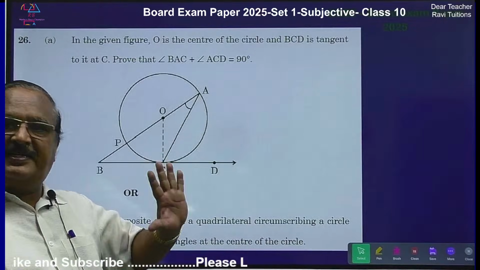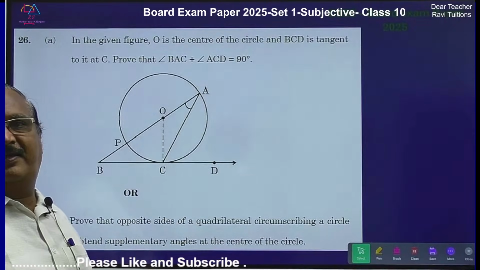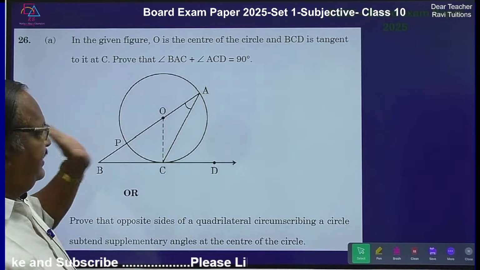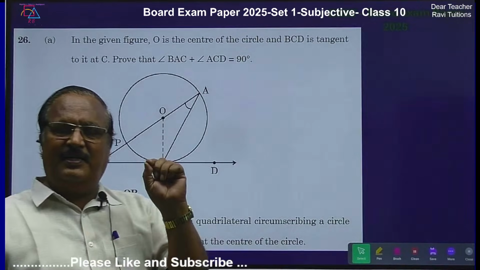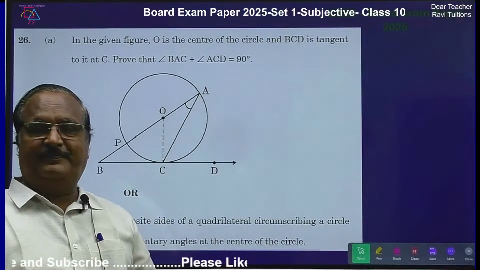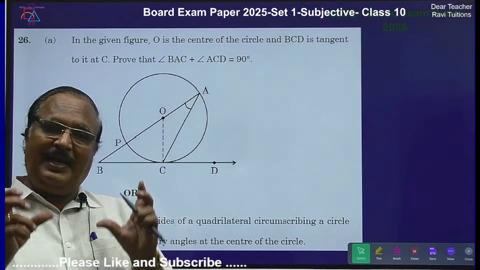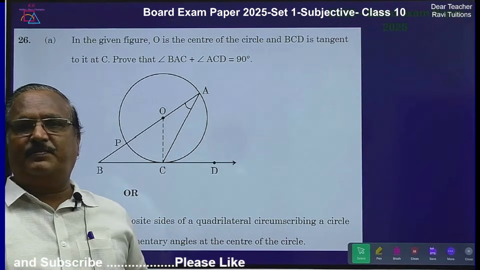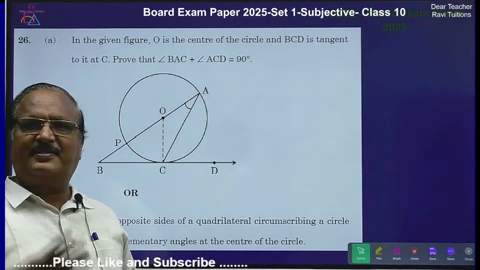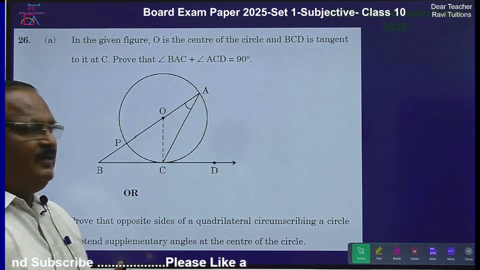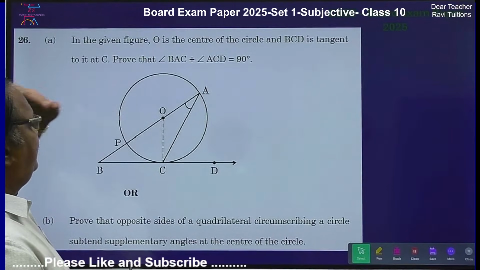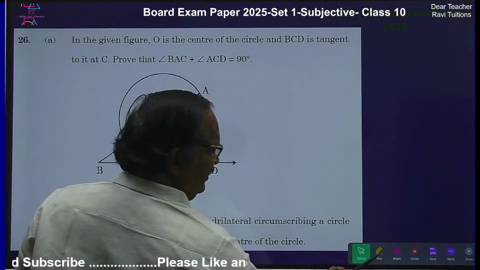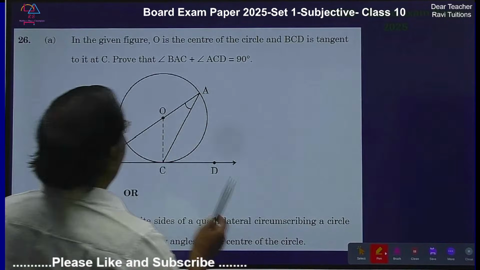So circles we have to focus on. Circles is the smallest chapter, in which you have very less concepts. Only 2 or 3 concepts are there in that. Okay. So now let us do this question, right?